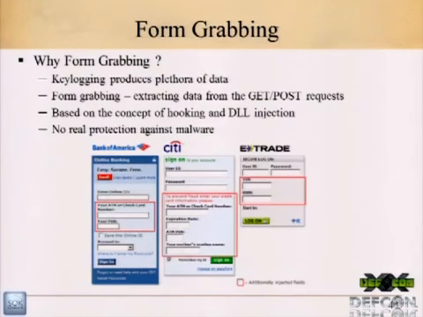This shot I have taken from the internet, but it was a pretty good explanation of form grabbing as well as web injects. With web injects, you can inject an illegitimate input box that asks you for your PIN number, your ATM number, and things like that. When you submit that information, the bot inside the infected system hooks it and sends it back to the command and control server.